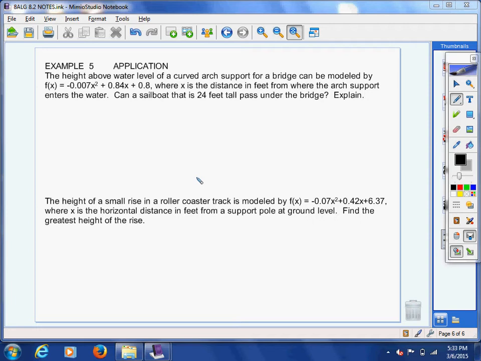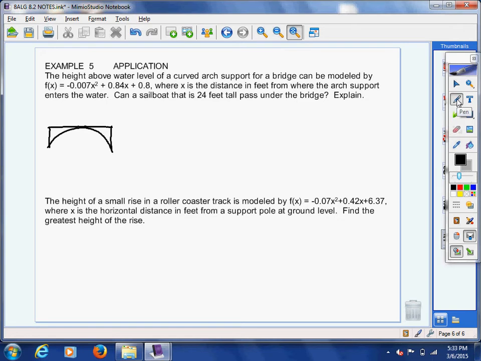And what you may want to do is draw yourself a picture. We're talking about a curved arch support. So I'm going to draw a real basic, kind of crude drawing of a bridge with a curved arch support, okay? So some really smart engineer, not me, used good math and came up with this bridge concept.